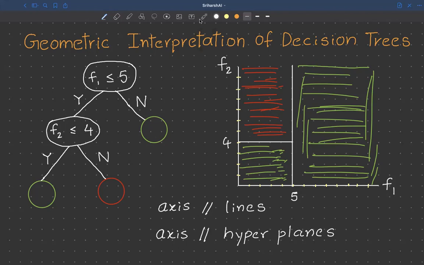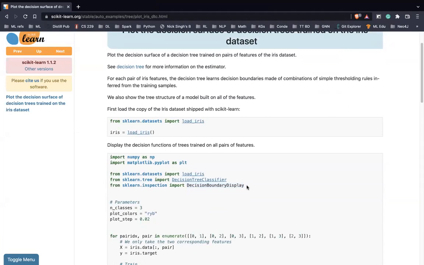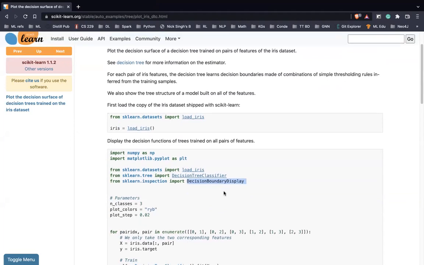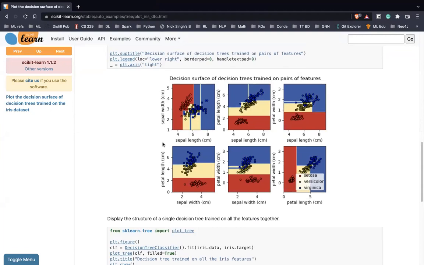And if you are interested in looking at the code, there is a simple function in scikit-learn called DecisionBoundaryDisplay, where you can plot the decision boundary of any algorithm, of any model. Here, they're building a decision tree classifier on the iris dataset, and they are plotting a pairwise plot. For every pair of features, they have plotted this diagram.